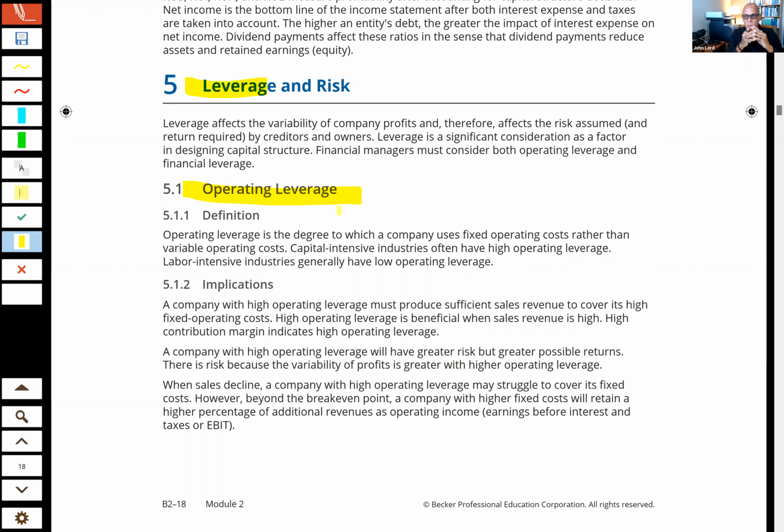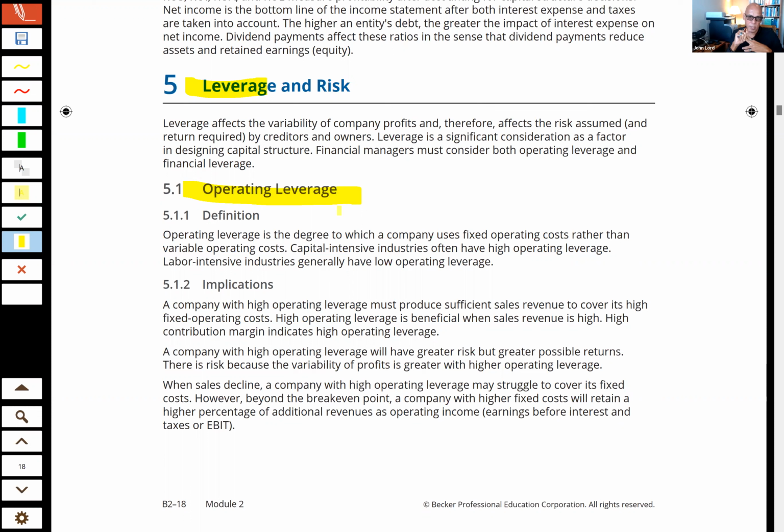But basically what we're saying is you have more operating leverage if you have more fixed cost. Fixed costs being what? Costs that don't change as our level of product increases. So typical fixed costs are things like depreciation, rent that we have to pay that isn't going to change depending on our production.